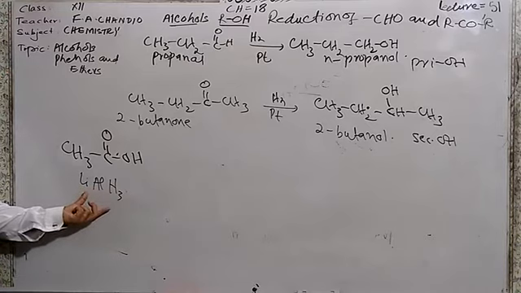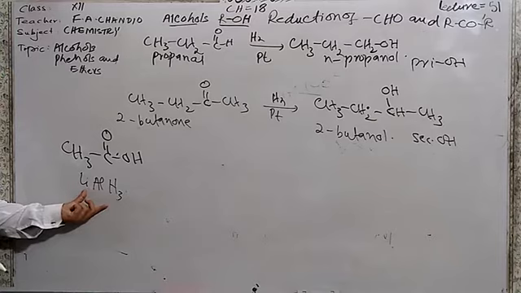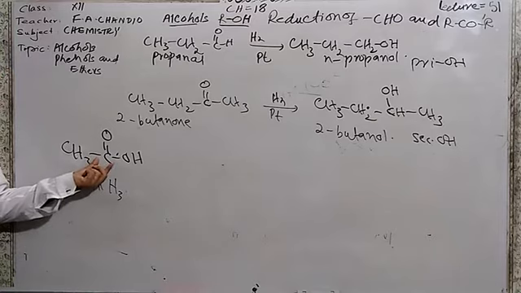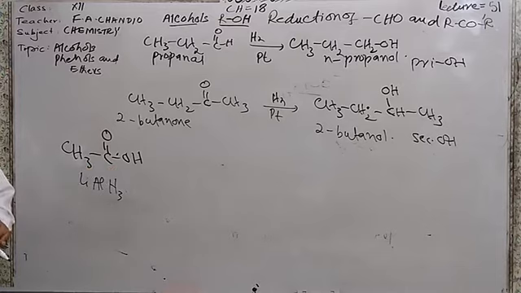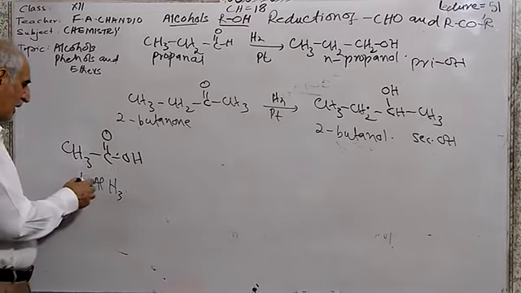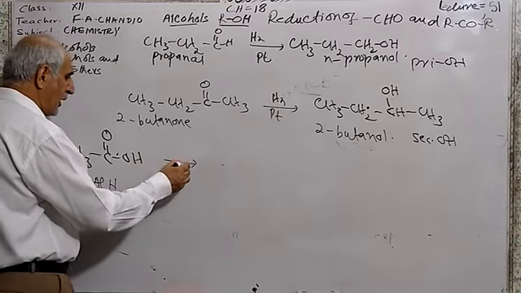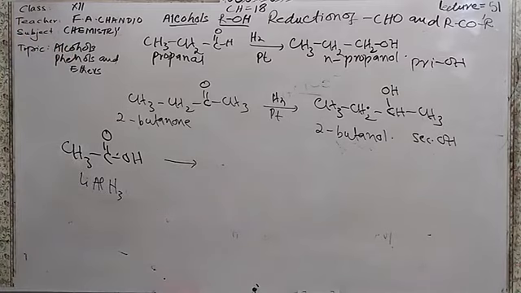So this hydride will produce the hydride ion, which is going to reduce the carboxylic acid and change it into alcohol. So the lithium aluminum hydride is going to react here.